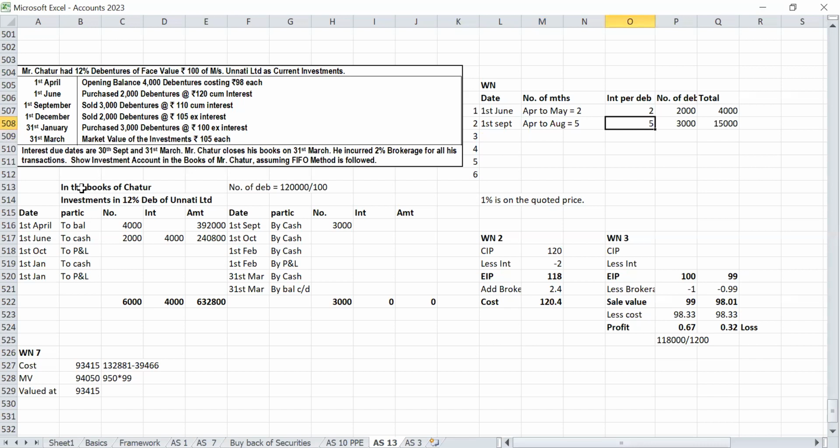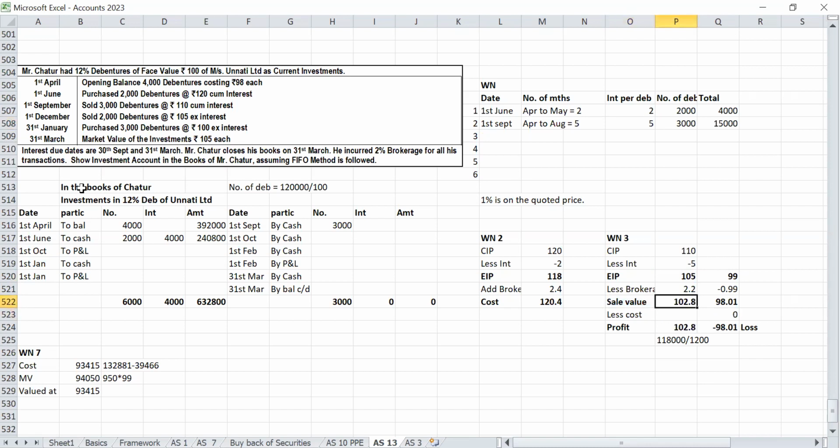Sold on 1st September. Cum interest price is 110. Interest minus 5, 105. Brokerage 2% on 110, minus.